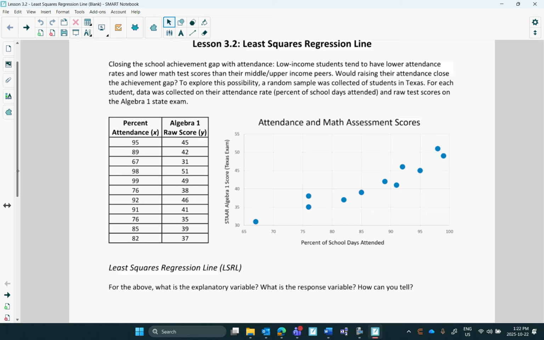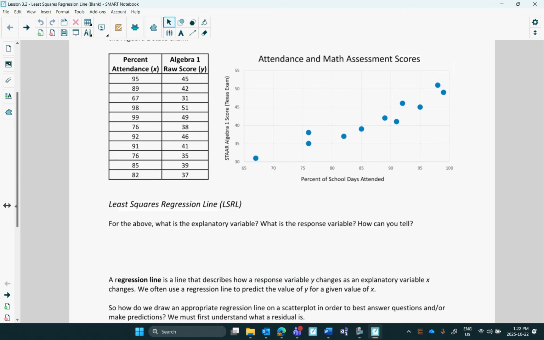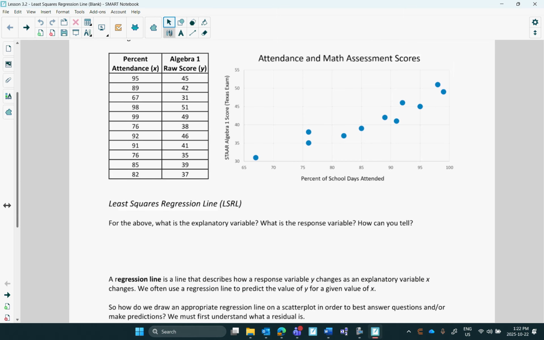I just briefly mentioned the least squares regression line. Now we're going to talk a little bit more about how we actually fit it. Like, what does least squares mean? But going back to this example, and just to do a little review, what's the explanatory and what's the response?